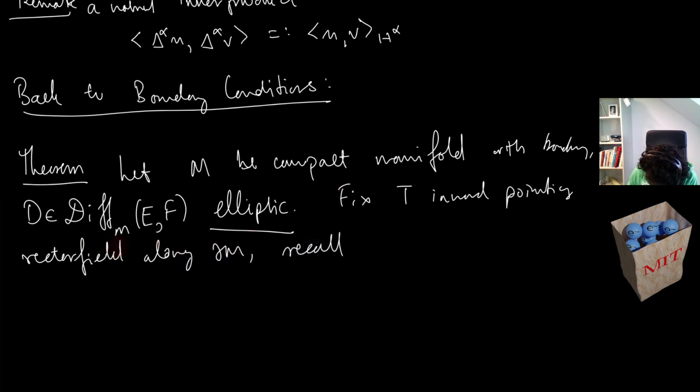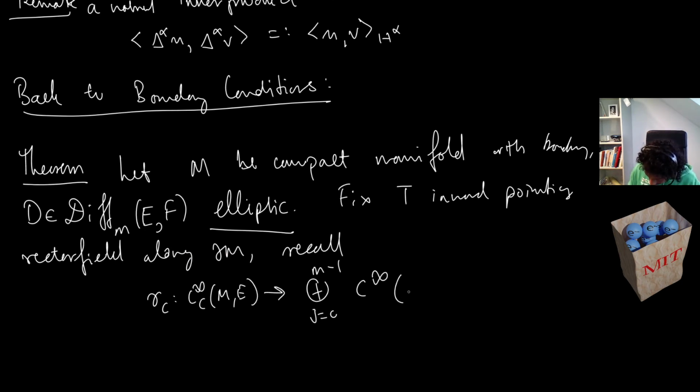So this lands us now in what? So the product over j equals 0 to m minus 1 of C infinity on the boundary.